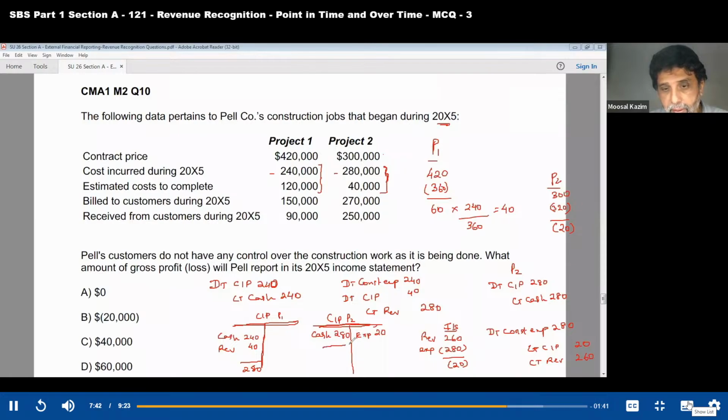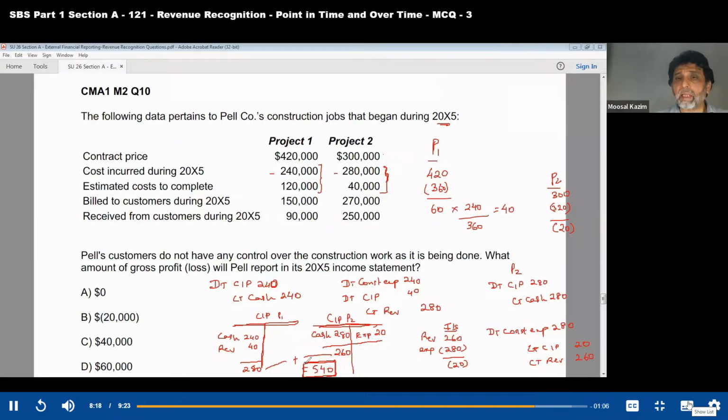So the balance of this would be 280 debit and credit of 20, so 260. Both together, the CIP account would be 280 plus 260, which is equal to 540. So 540 should be the CIP account for both the projects.